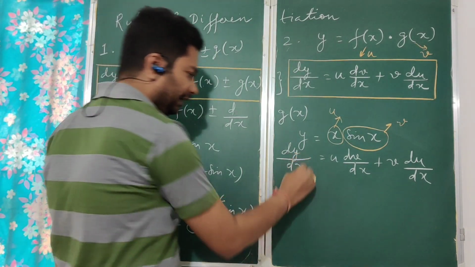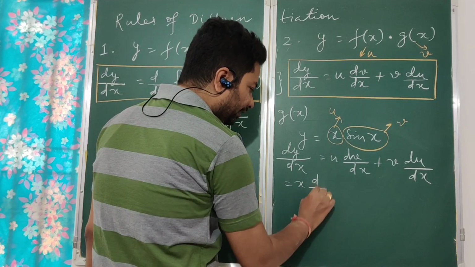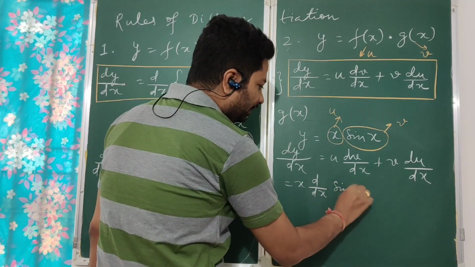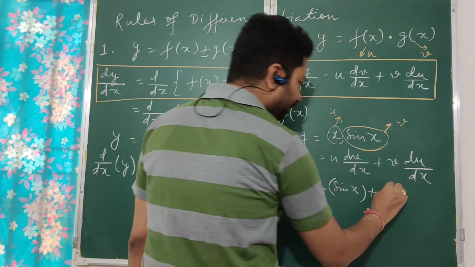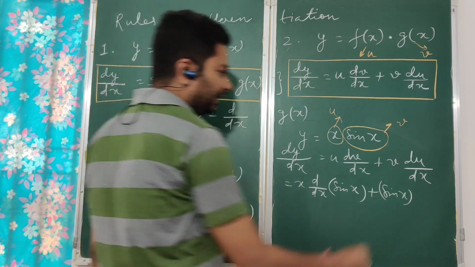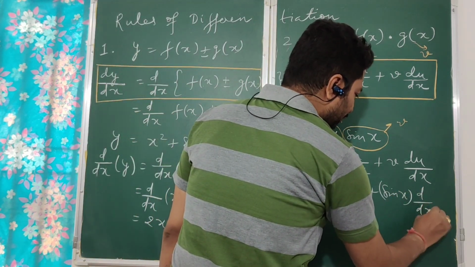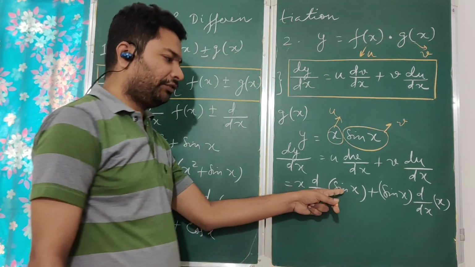So now we can write this as u is x, d by dx of sin x plus v. v is sin x, and then you are having du by dx. So d by dx of x. So what is d by dx of sin x?